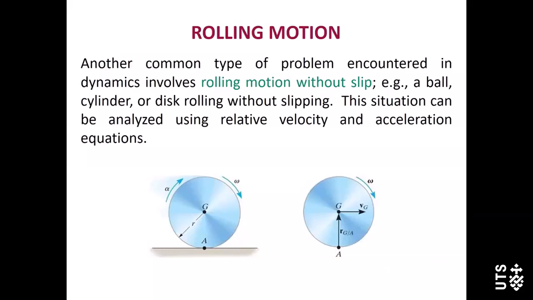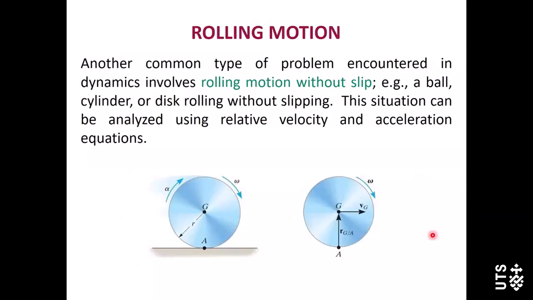Based on our previous study, we already know rolling motion without slip is a general plane motion. Whether a ball, a cylinder, or a disc, as we are studying planar kinematics, the diagram will be the same.